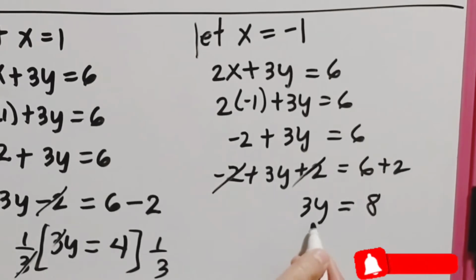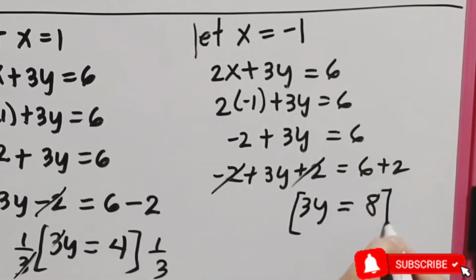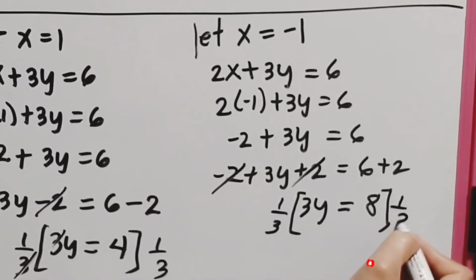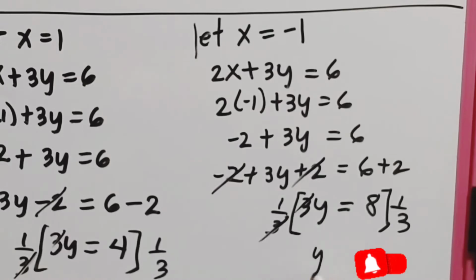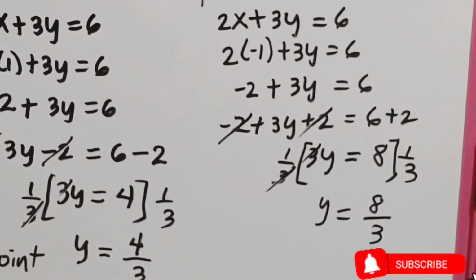So again, para makuha yung value ng y, kailangan 1y lang siya. So para mawala yung 3, i-multiply naman both sides of the equation by the reciprocal of 3. That is multiplication property of equality, MPE. So we have y on the left and on the right, 8 over 3.